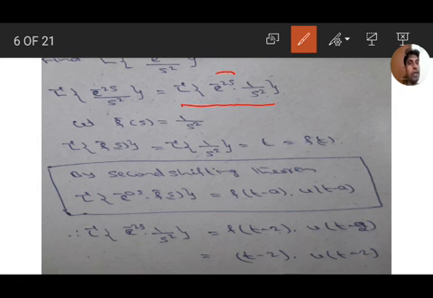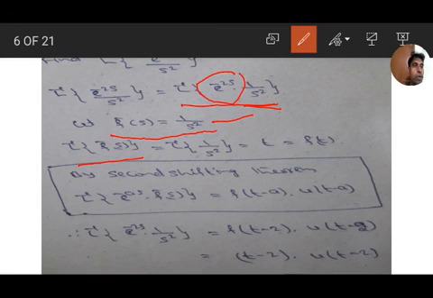Except e to the power of minus as, take the remaining function as f bar s. So let f bar s equal to 1 by s square. L inverse of f bar s equals L inverse of 1 by s square. Using the formula t to the power of n minus 1 by n minus 1 factorial, we get t. Take that as f of t.